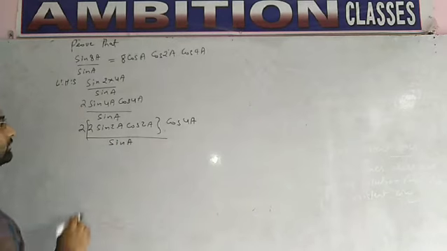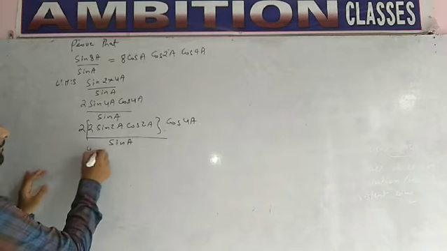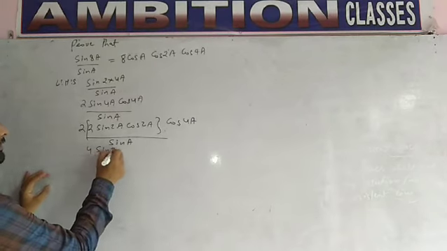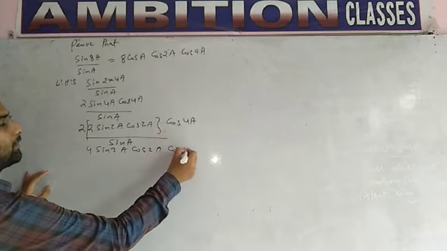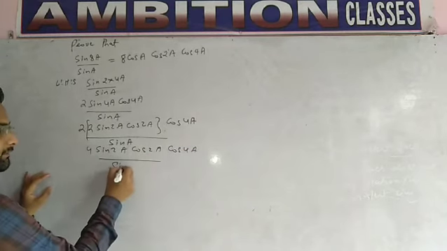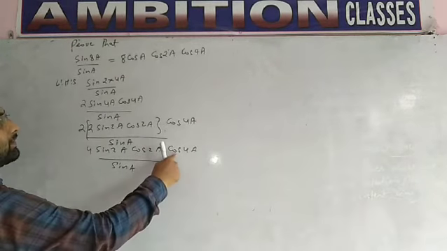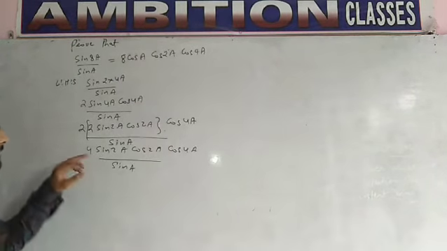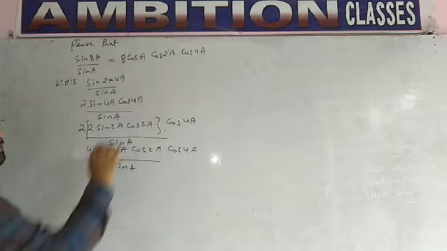Now, what do we have to do, students? We have to multiply 2 into 2, 4. 4 sine 2a into cos 2a into cos 4a upon sine a. Now, students, cos 2a is here, cos 2a is here, cos 4a is here, cos 4a is here. Now we just have to prove one more term, 8 cos a.